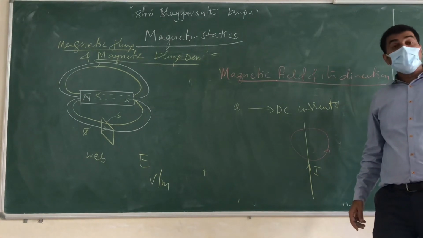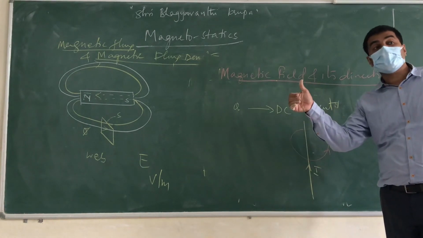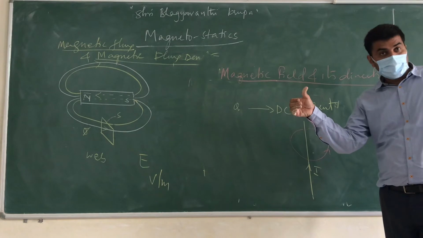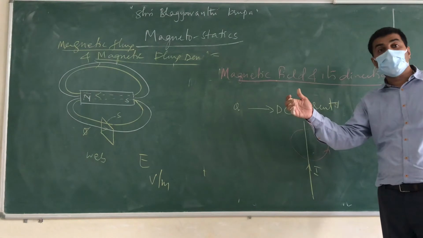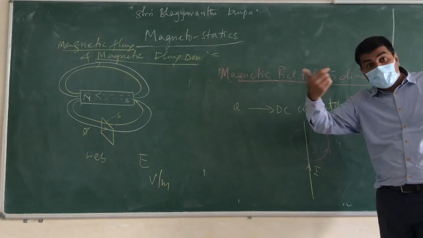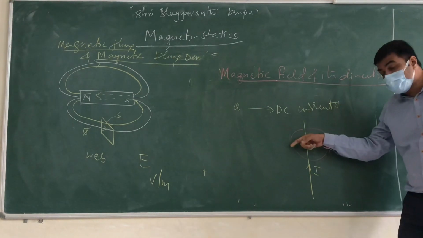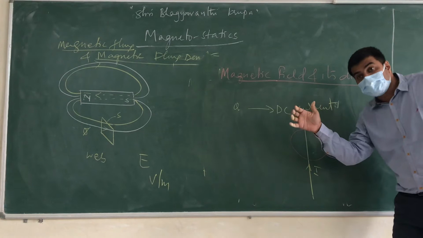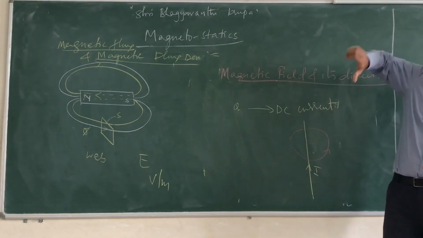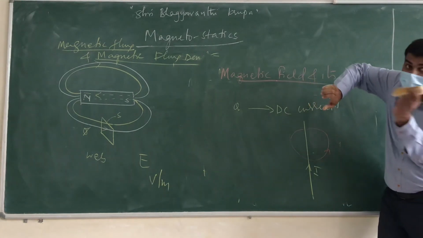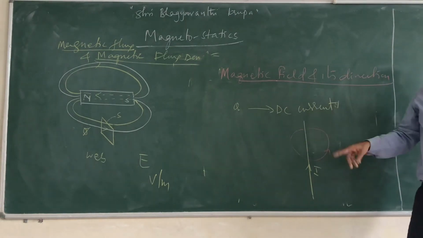See, the direction of this magnetic field is decided by the right hand thumb. The thumb indicates the direction of current in a conductor, and the curled fingers indicate the direction of magnetic field around it. Is it clear or not? If current direction is like this, then the direction of magnetic field will be like this. Take a look.